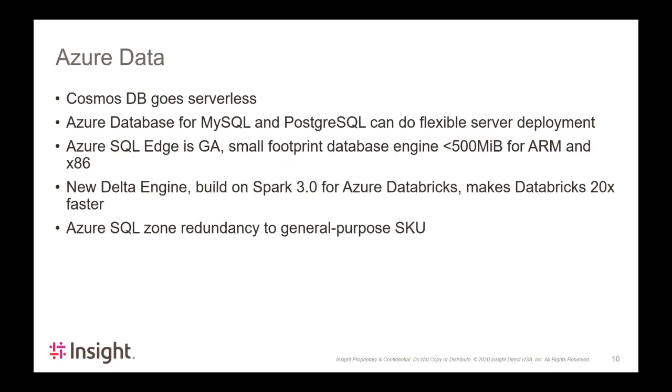So mainly the data side is more around cost efficiency, and Microsoft SQL Edge is GA, a small footprint database engine, less than 500 megabytes, and available for Windows ARM and traditional x86 platforms. And now Databricks got a new engine, empowered by Spark 3.0, which makes Databricks calculation 20 times faster than before. Very, very cool.